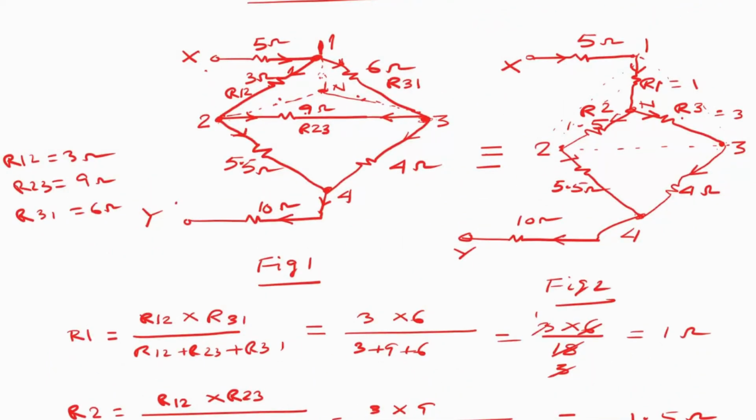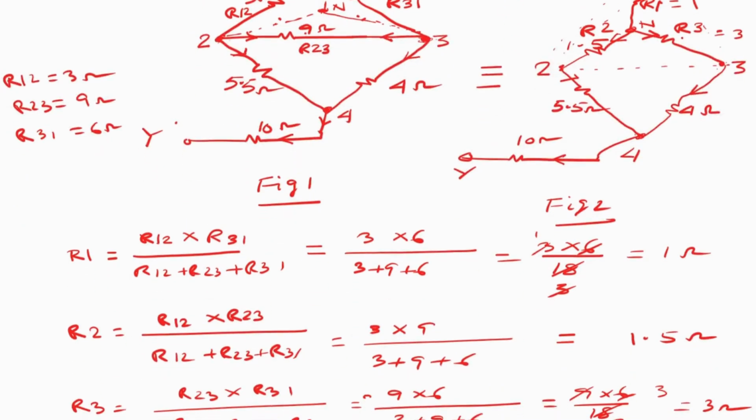See here again. The current passing through X passes through the 4 ohms and the same current passes through R1, that means 5 ohms and R1 are in series. When it reaches the terminal junction N, it has two paths: one passes through R2, another passes through R3.